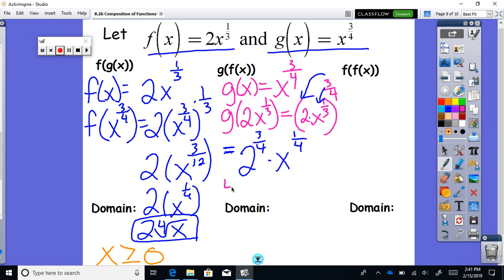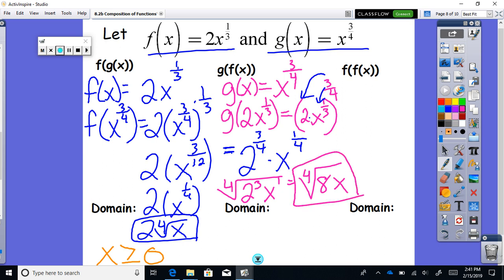They're both 4th roots, so it's a 4th root of 2 cubed x to the 1st, or the 4th root of 8x, because 2 cubed is 8. So this would be how we want to write our final answer. Again, we have an even root, so we can't have any negative numbers under there. So x has to be greater than or equal to 0 for our domain.